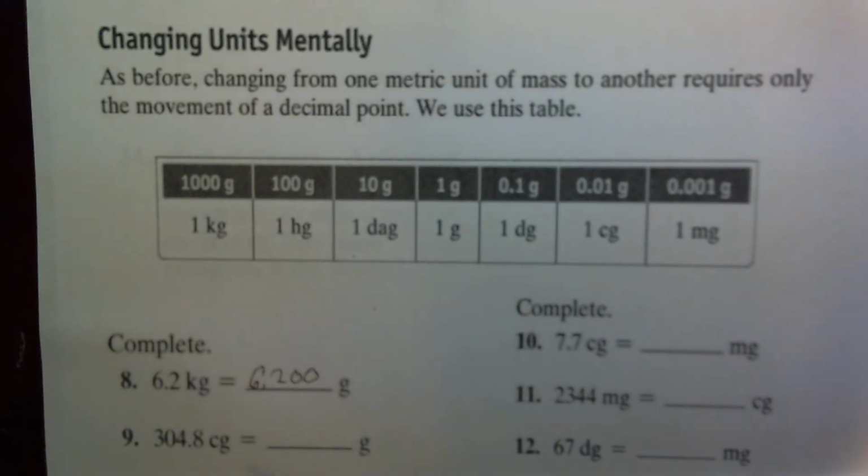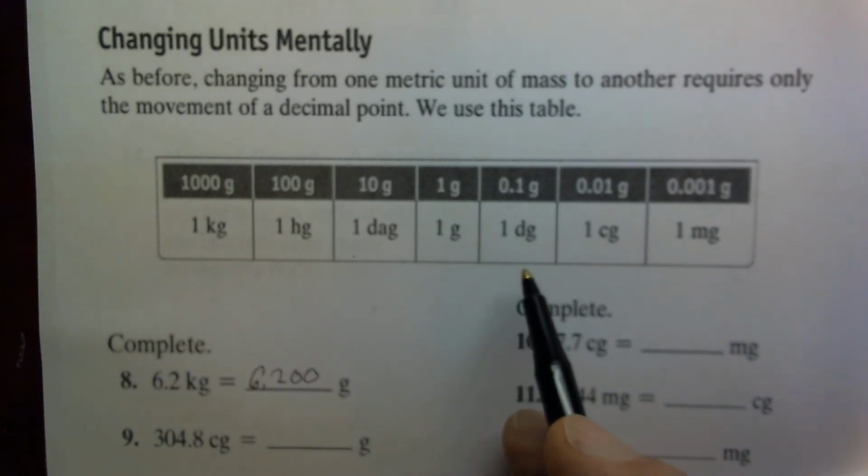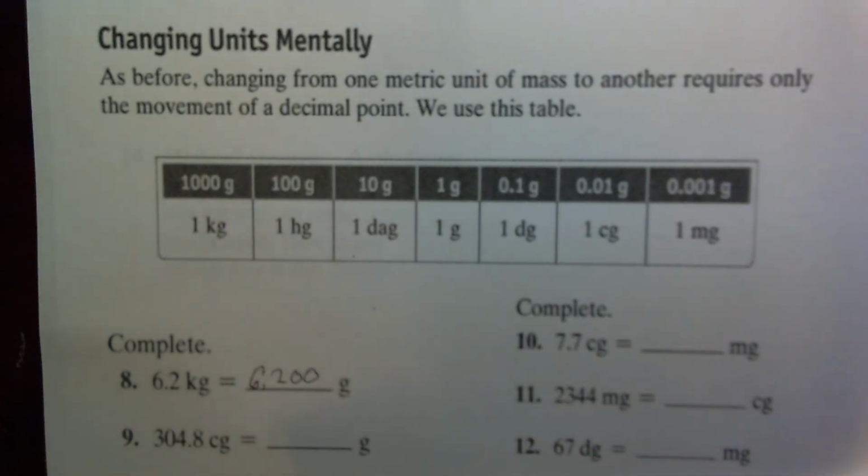Similarly, when we go from centigrams to grams, we move the decimal 2 places, so that becomes 3.048 grams.